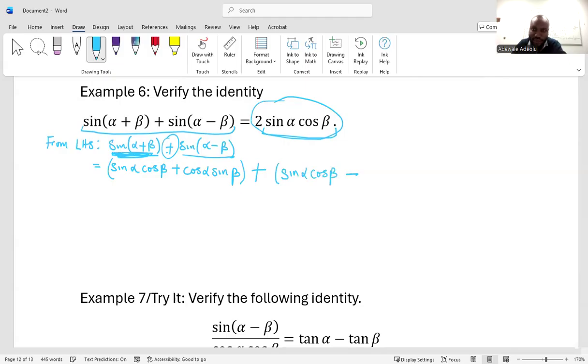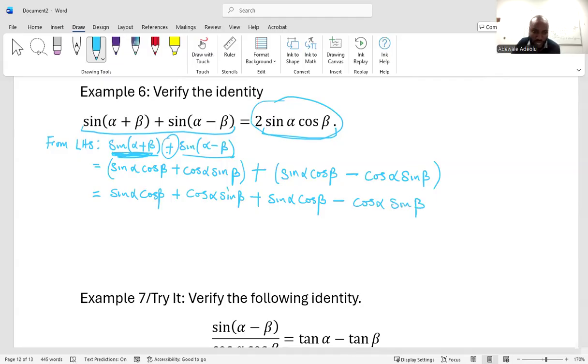Since it is sine of alpha minus beta, I will have minus cosine of alpha sine of beta. It turns out that I have sine alpha cosine beta plus cosine alpha sine beta plus sine alpha cosine beta minus cosine alpha sine beta.